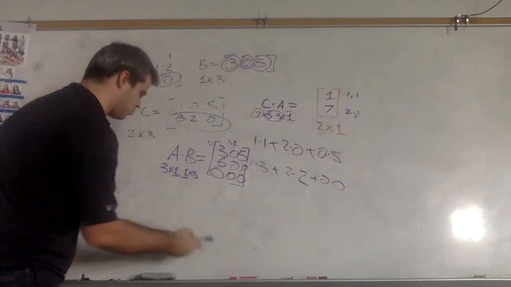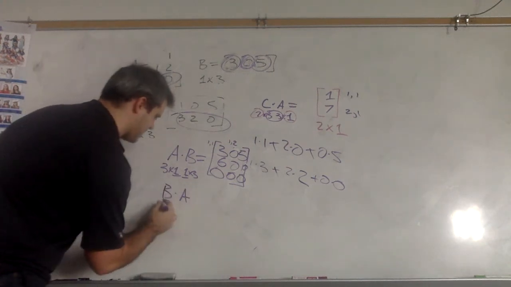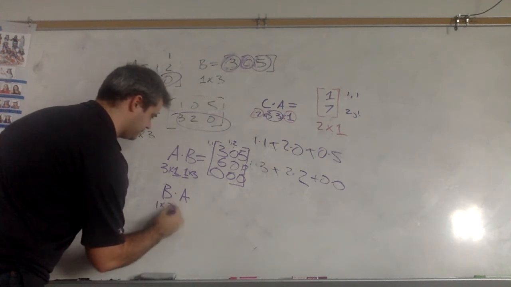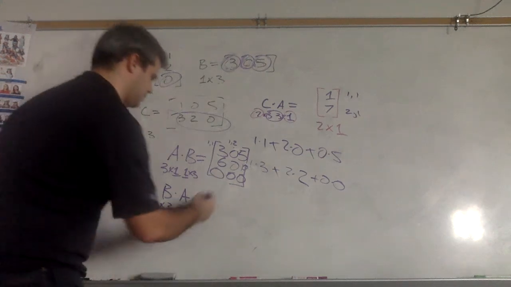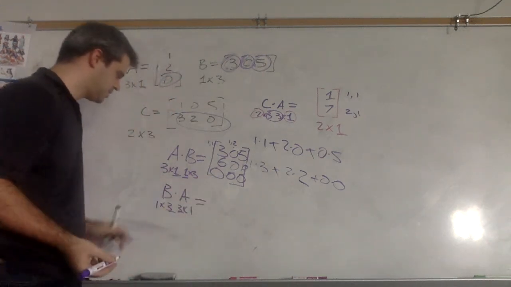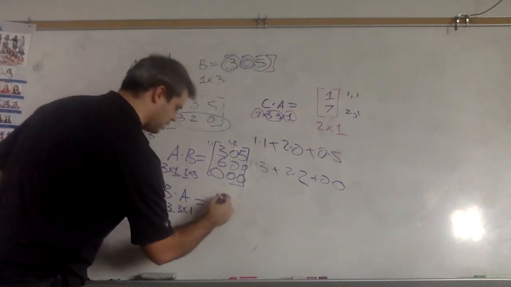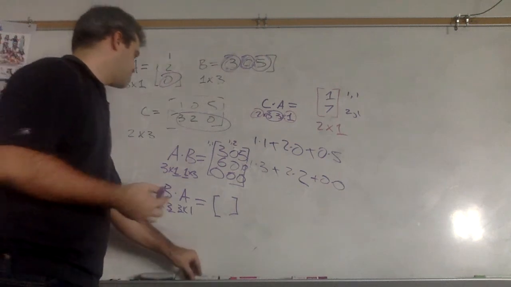Let's see if we can reverse this. B times A. So we can, because these inner ones are equal. And look, my dimensions are going to be a 1 by 1. I only have 1.